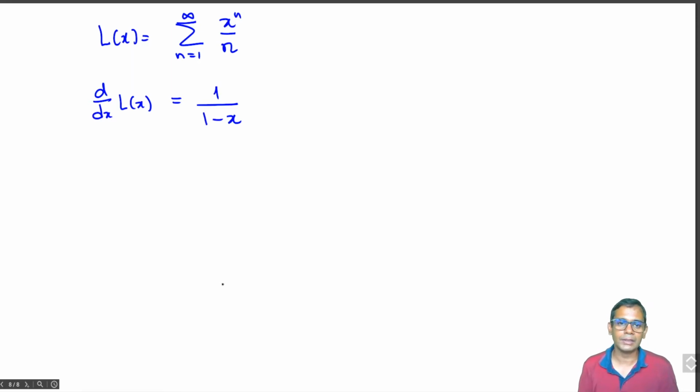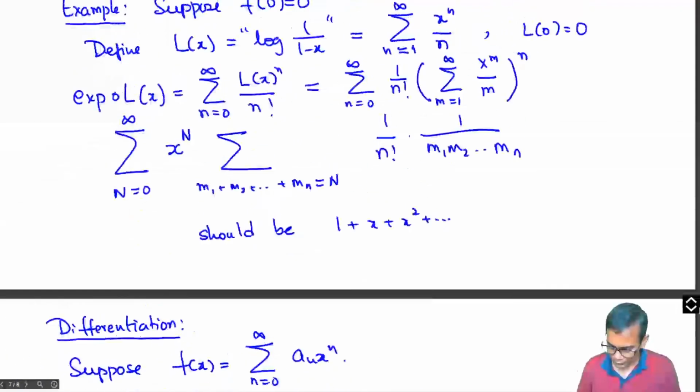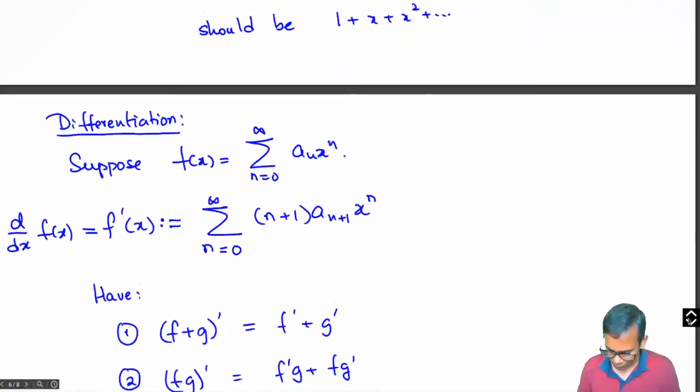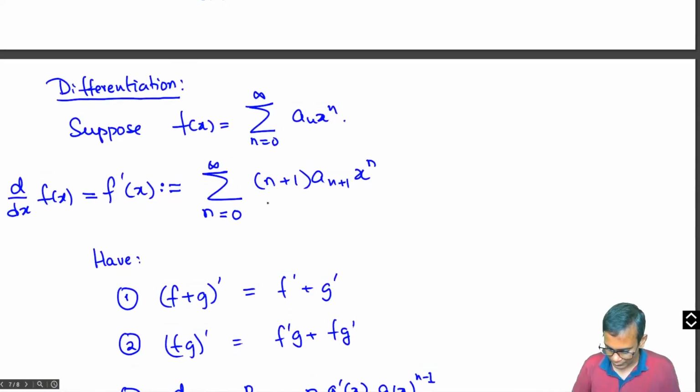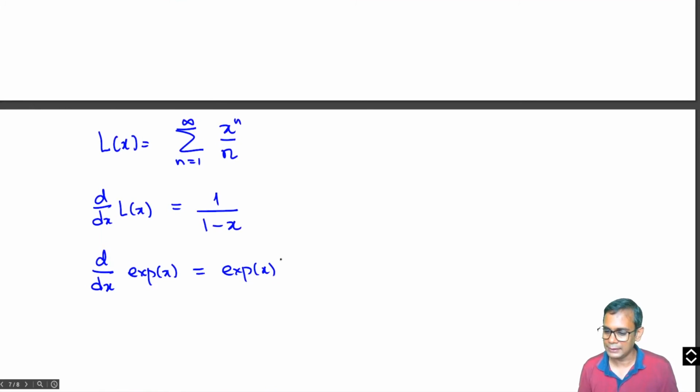So all the coefficients of the derivative are going to be 1. And on the other hand, d/dx of exp of x is exp of x. This again you can check by just using the formal definition of exp of x, x to the n by n factorial, and using the formal definition of the derivative.